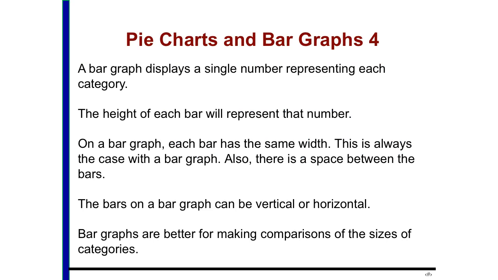A bar graph displays a single number representing each category. The height of the bar represents the number. On a bar graph, it's important that each bar has the same width. Also, there's a space between the bars. They can be vertical, they can be horizontal. They're good for making comparisons of sizes of categories.